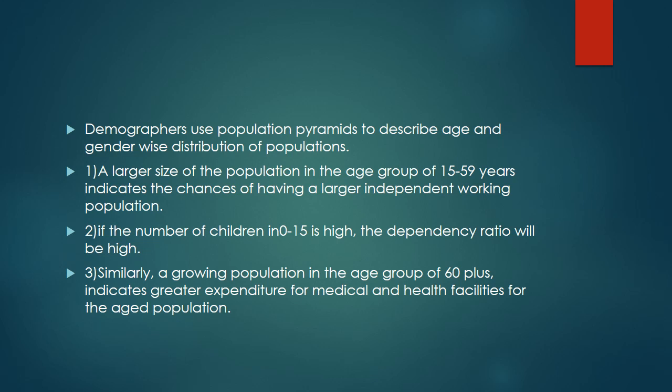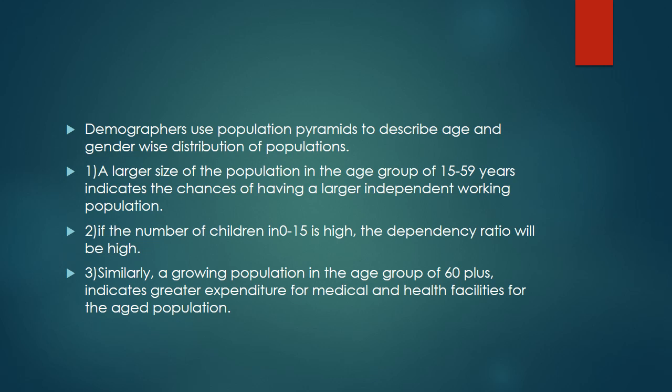If the number of children in 0 to 15 is high, the dependency ratio will be high. So if the base proportion between 0 to 15 is high, then the dependency ratio will also be high, because in the 0 to 15 age group, a child cannot earn, so definitely the dependency in that region will be more.